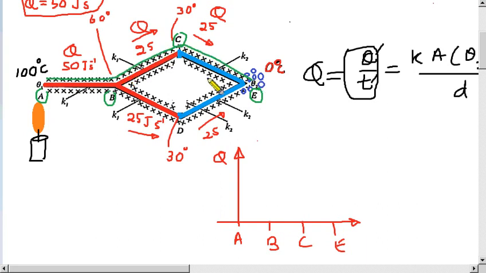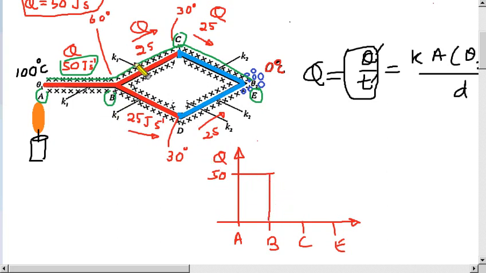So along that let us take Q values. This one is A rod, so 50. So here somewhere 50 must be there. Then so this is the graph.